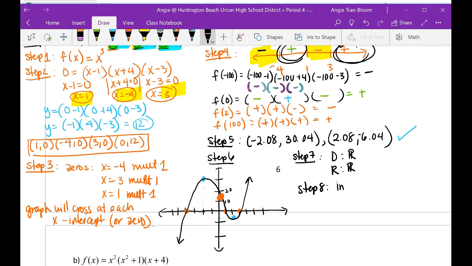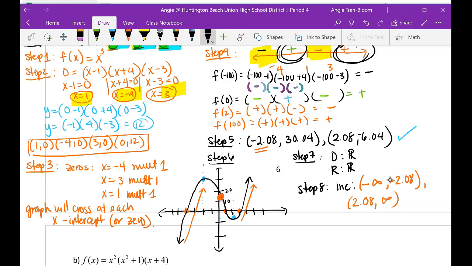Let's do increasing first. Increasing starts at negative infinity and stops at the x value of negative 2.08. Another increasing interval is from positive 2.08 all the way to positive infinity.